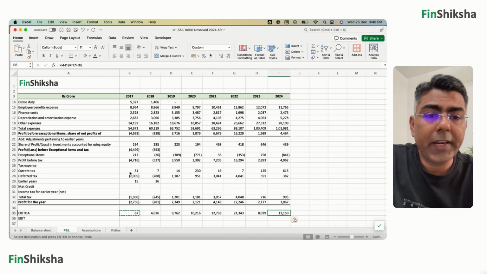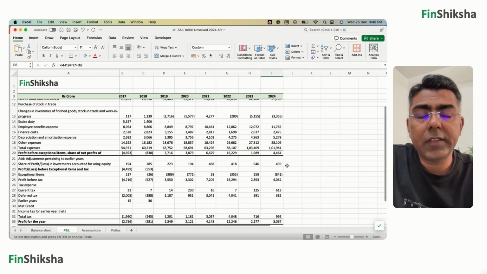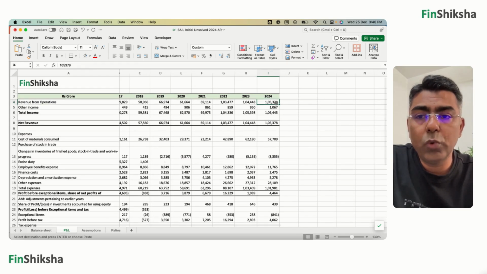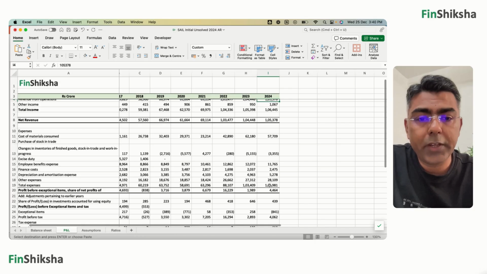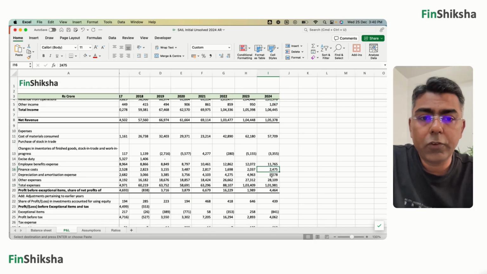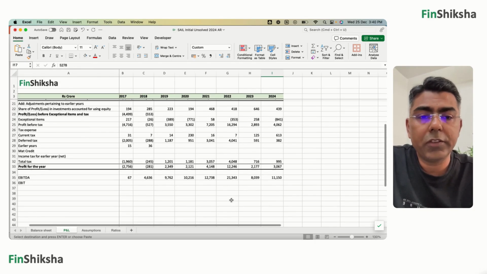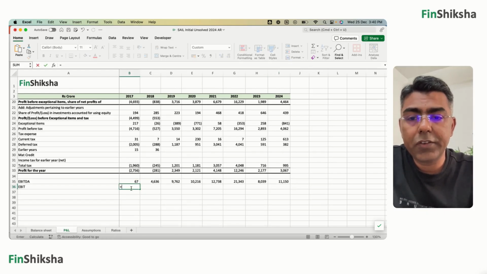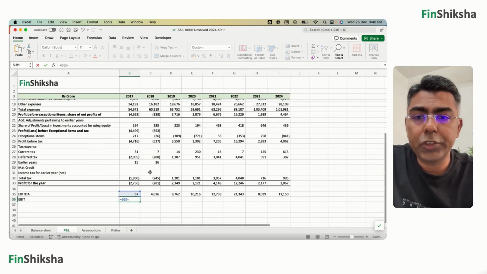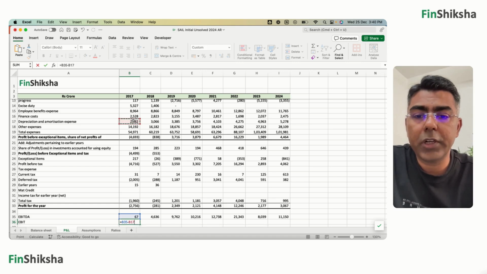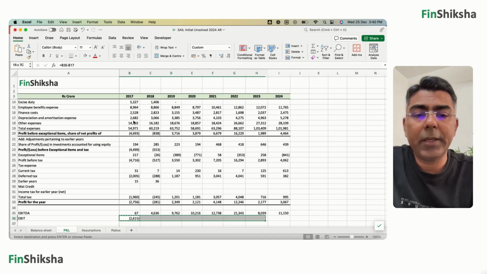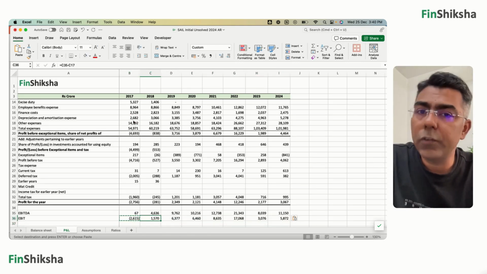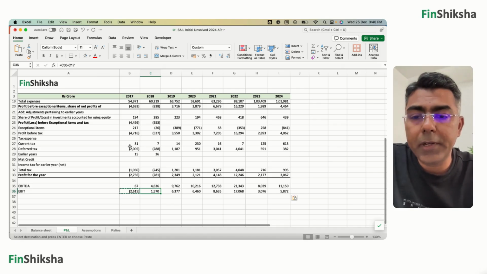So this is what I will get. Effectively, this is sales revenue from operations minus total expenses plus finance cost plus depreciation and amortization expense. So that gives me EBITDA. From this number, if I just remove the depreciation and amortization, I should get EBIT. Correct? So this is what we have calculated. EBITDA and EBIT have been calculated.